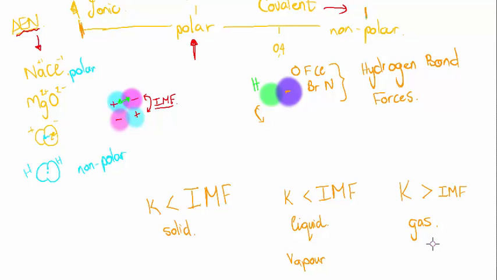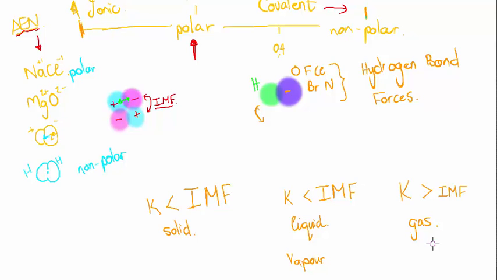A gas is something that cannot be contained unless I put it in a container. While with a liquid, I don't have to put on the lid to keep the liquid. The solid, I don't have to do anything. The forces between the particles are strong enough that they keep themselves together. In a liquid, I at least need to put it in a container and it will take the shape of the container, but I don't have to close the lid, it won't escape. Gravity will hold it all together.